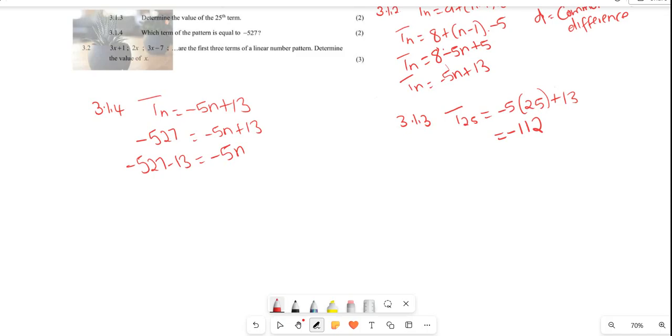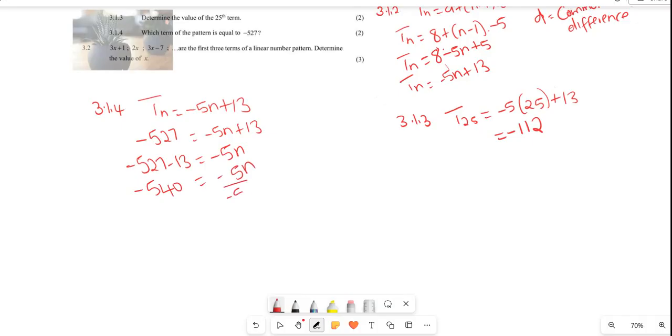So let's punch on our calculator. Minus 527 and minus 13. It's going to give me minus 540, so minus 540 equals minus 5n.